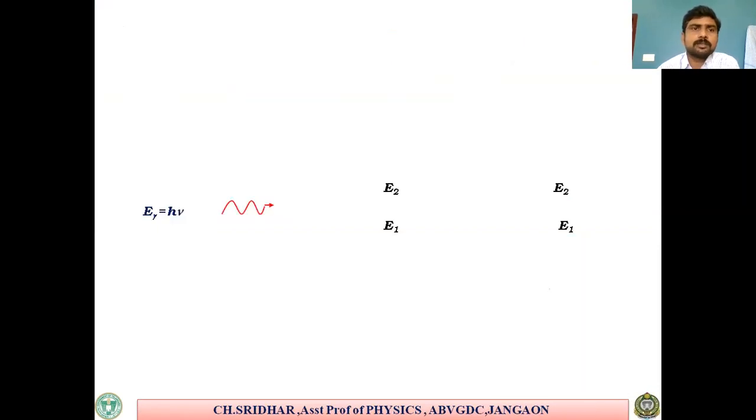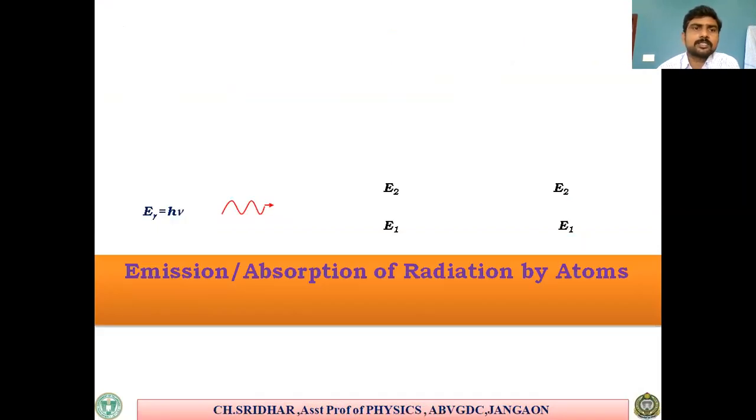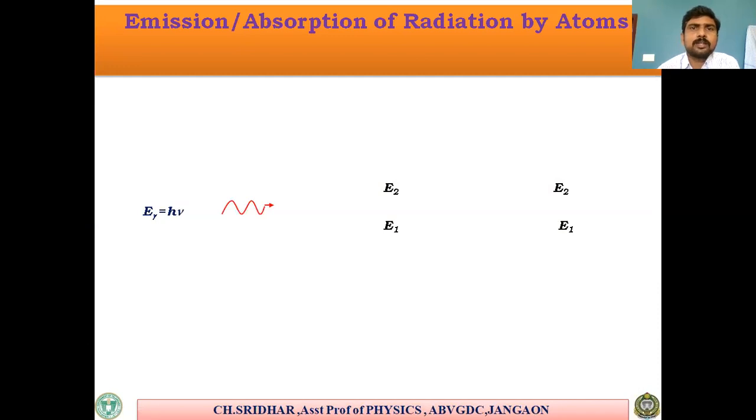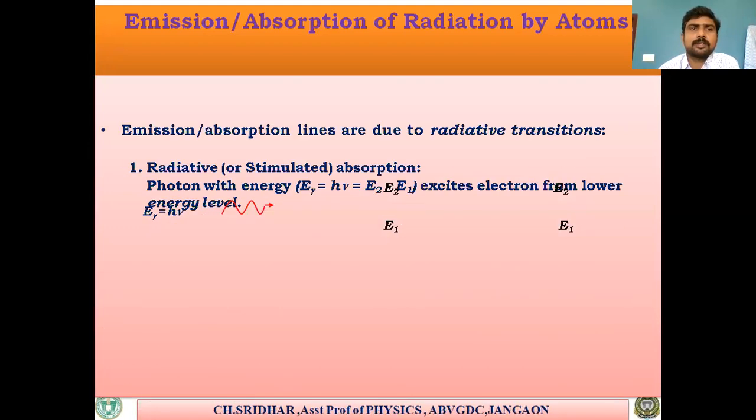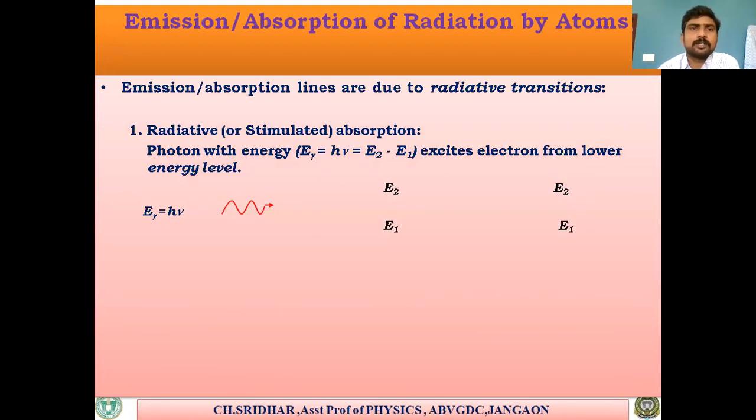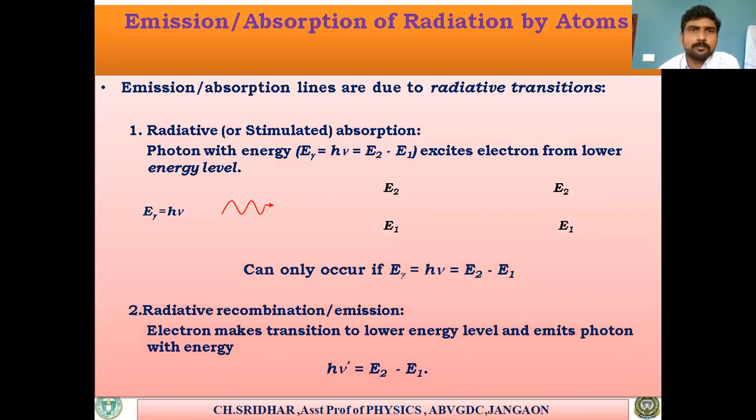Using Bohr's assumptions and postulates, we may explain a model for the atom, and emission or absorption of radiation by atoms can be easily understood by seeing this slide. Emission or absorption of light is due to radiative transitions: radiative absorption and radiative emission.